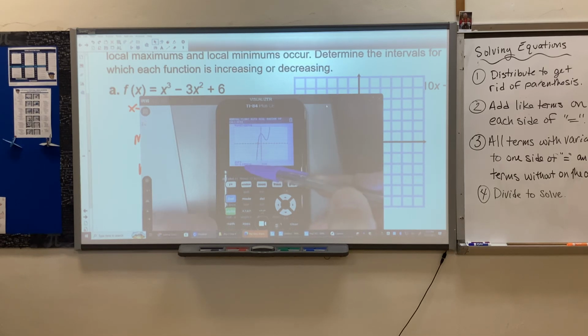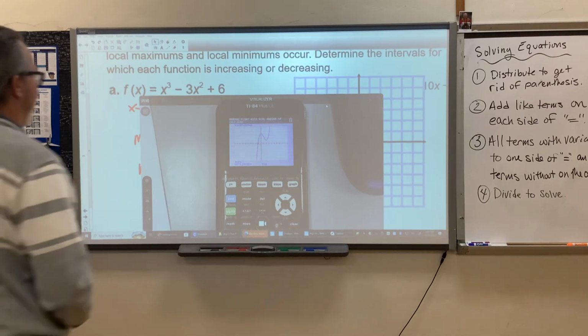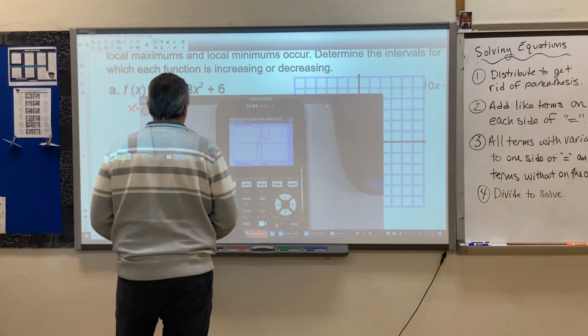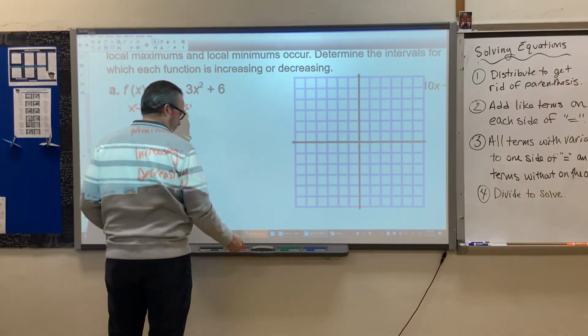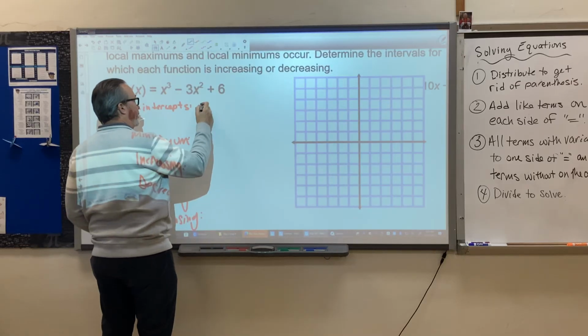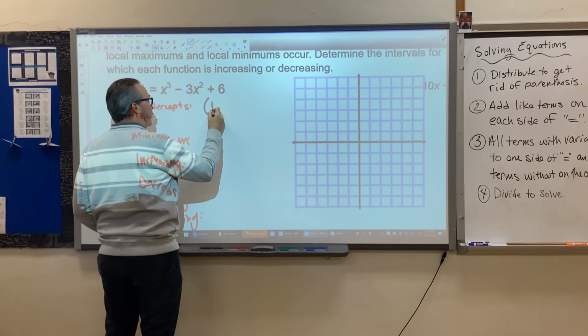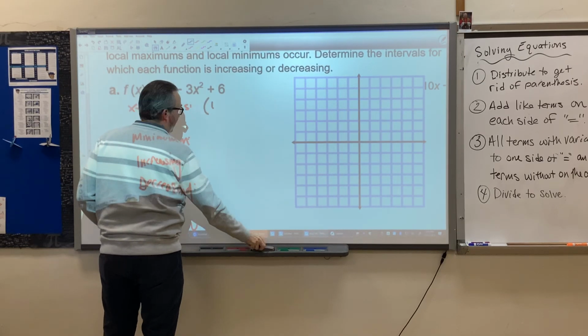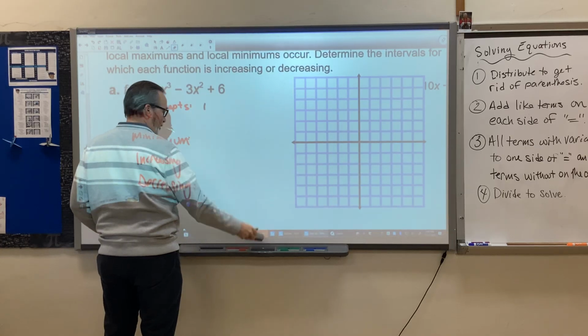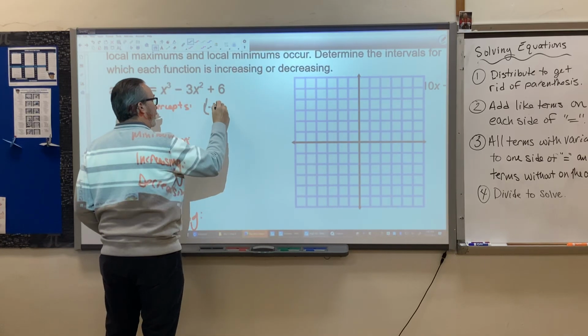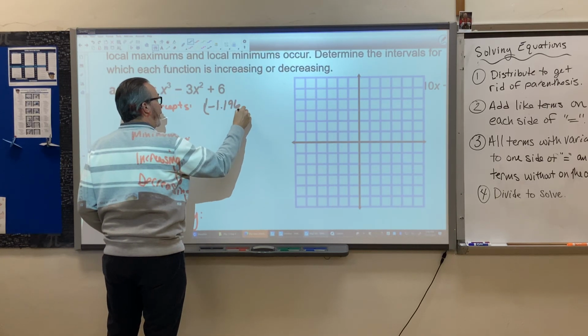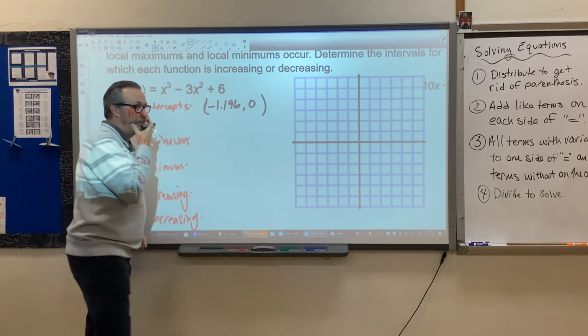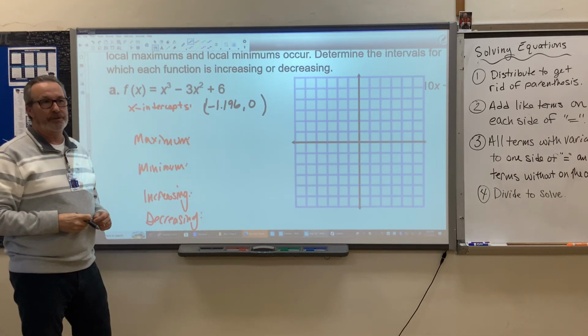Negative 1.196. Give me 3 decimals past the decimal place. Negative 1.196. So that's the x-intercept.